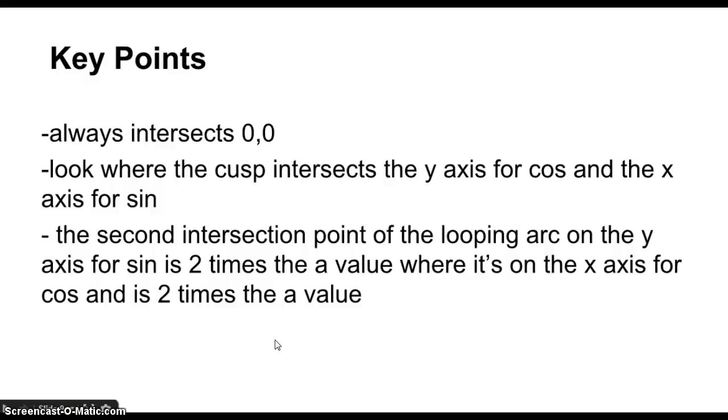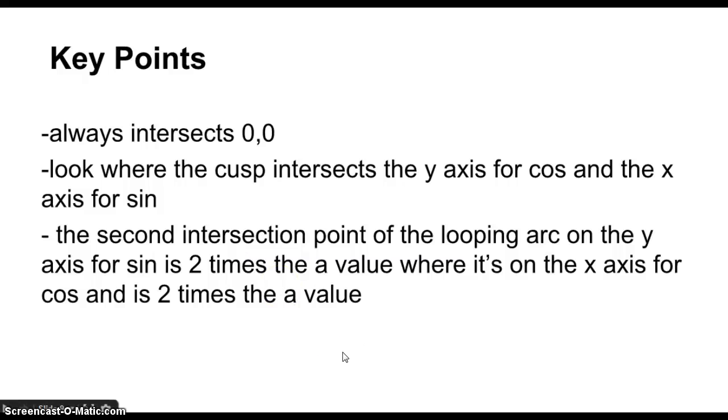The key points on this graph are that it's always going to intersect at 0, 0, so that's always a starting point where the cusp is going to come to a point. Then you look where that cusp intersects the y-axis for cosine or the x-axis for sine, because after you get those two points you are almost done graphing.